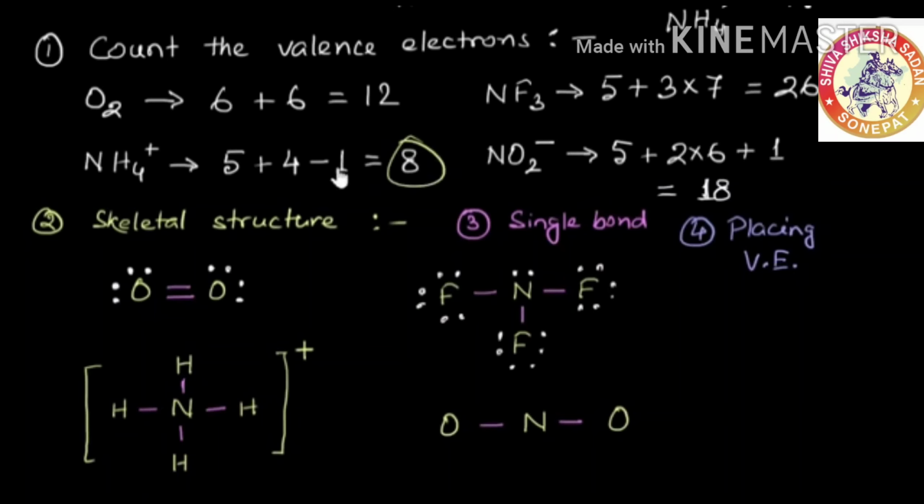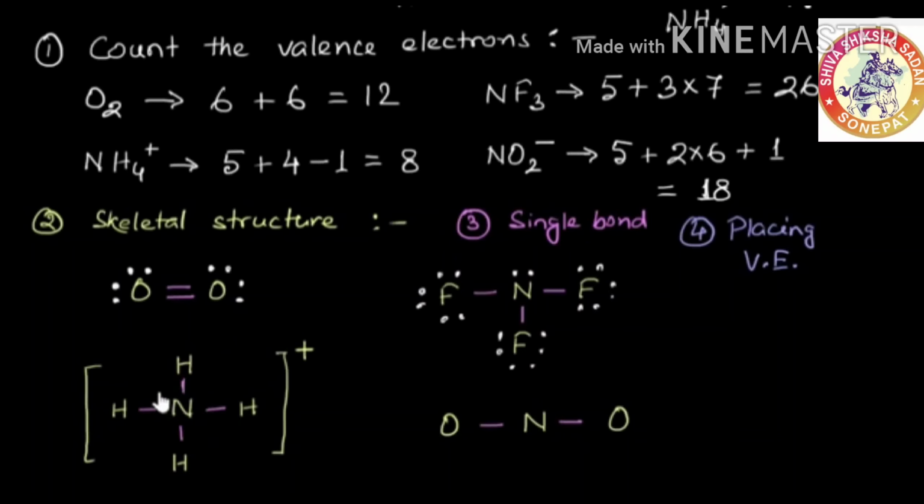Now this molecule contains 8 valence electrons and all the electrons are present in the form of single bonds, because each single bond contains 2 electrons.